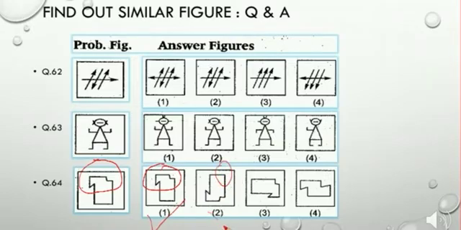It is not there, it's missing. In option 3, again this portion is missing. In option 4 also this portion is not exactly the same because this portion is alright, but here on the right hand side this portion is not the same. So option 1 is the correct answer.